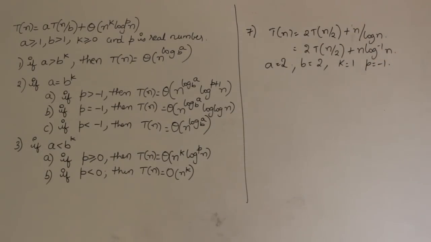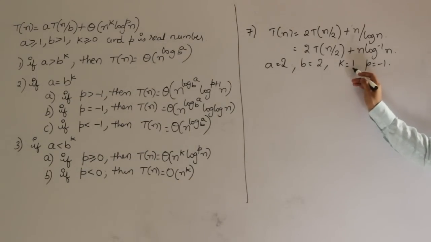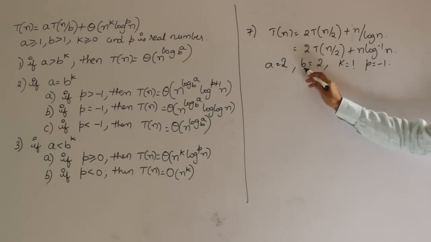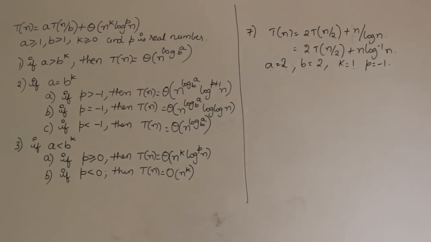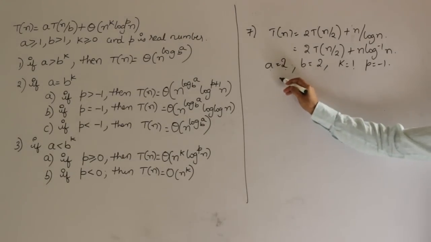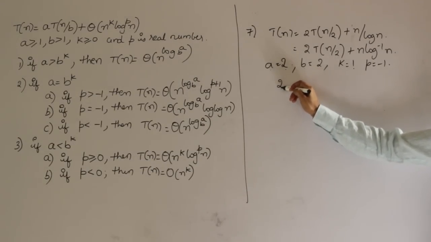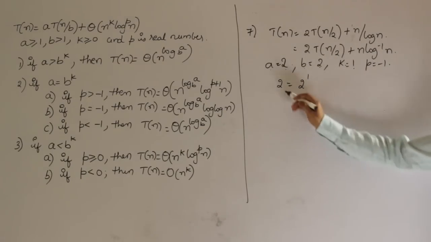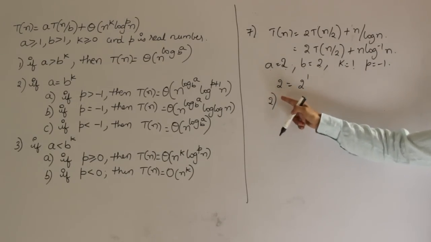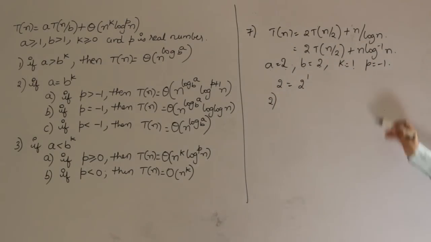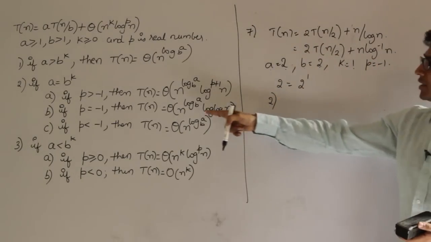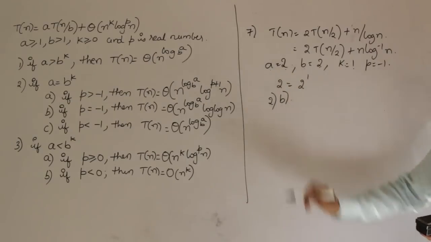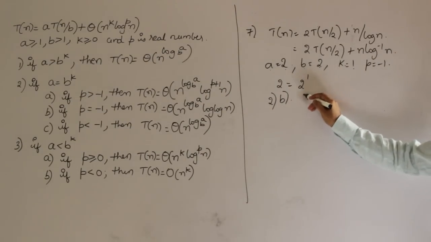So p is any real number, therefore minus 1 is perfectly valid. K is 1 and yes, a is greater than or equal to 1 and b is greater than 1. So everything is according to the theorem. Then you have to compare a and b power k. So a is 2 and b power k is 2, which is equal, which means it again falls in condition 2. Then what is the condition? If p equal to minus 1, in case 2 the subcase is b. Yes, then what is T of n?